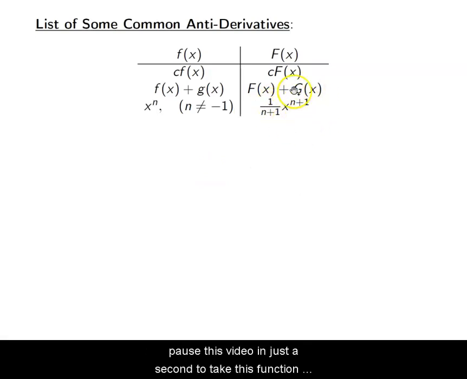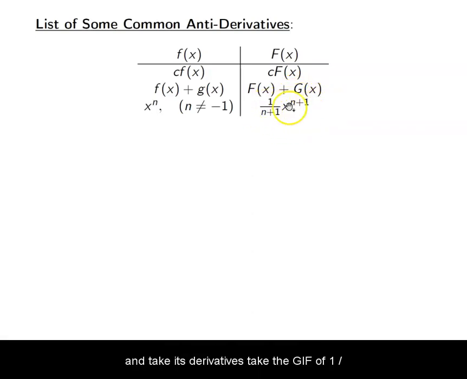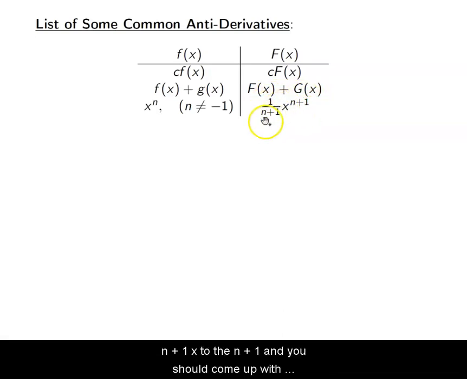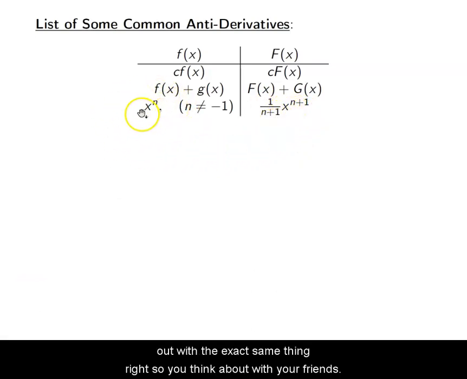Now think about this. Maybe you need to pause this video in just a second. Take this function and take its derivative. Okay, take the derivative of 1 over n plus 1, x to the n plus 1, and you should come up with x to the n. So you can go ahead and pause it now if you wish. Okay, so hopefully you paused it for a second and you differentiated this function and you saw that we come out with the exact same thing, right?